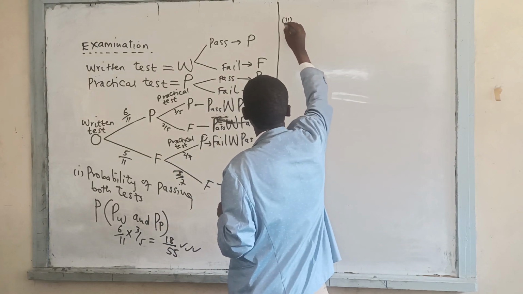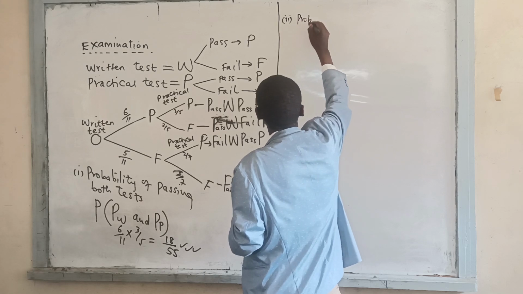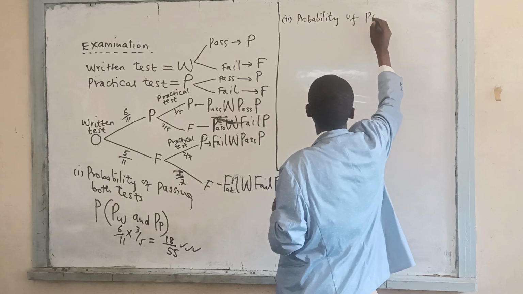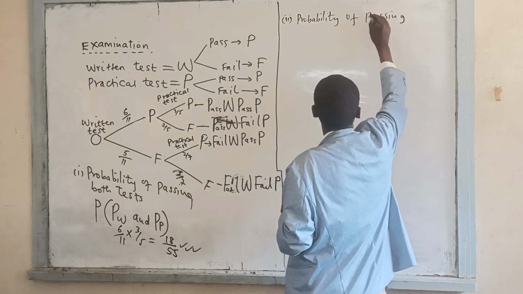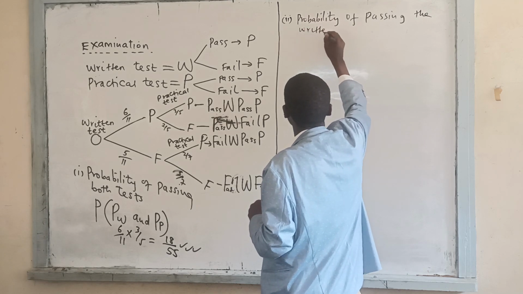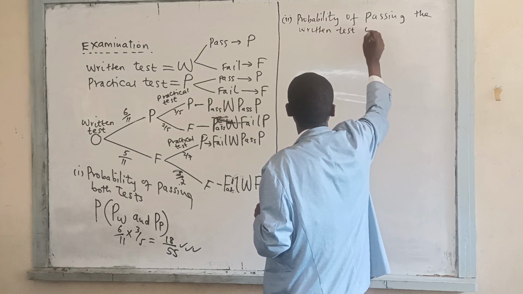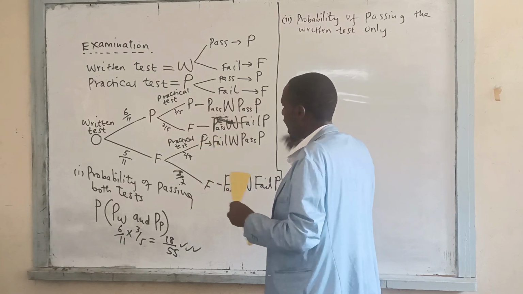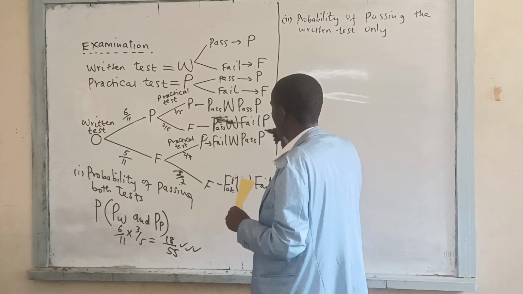So Roman 2, we shall say probability of passing the written test only. So how do I get the probability of passing the written test only?